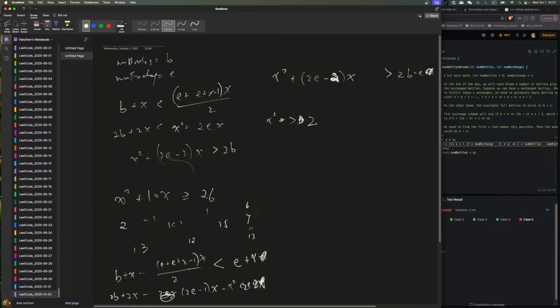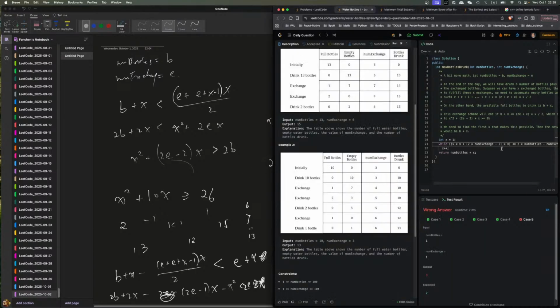Alright, so the 2 actually get cancelled. Hold on. So 2b plus 2x minus 2e x minus 2 minus x squared. Right, x squared plus x smaller than 2e plus 2x. So we have 2x and 2x cancelled. So we have 2b minus 2e should be smaller than x squared plus 2e minus 1x.